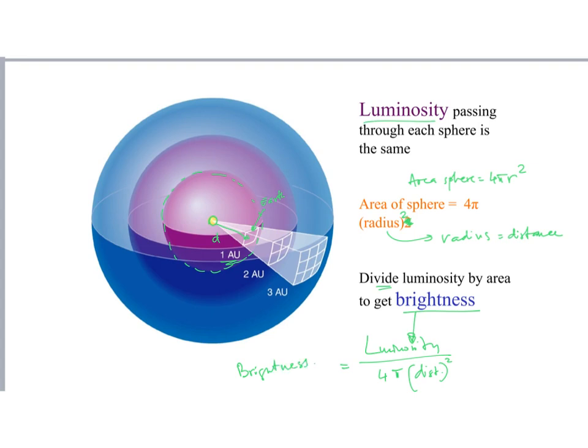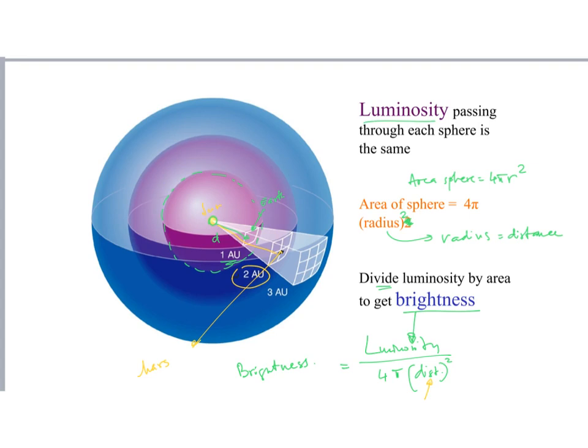Okay, look for example at where Mars is. So about 2 AUs, right? So say, okay, this is where planet Mars is. It's going to be at a distance that is twice as far away as we are from the Sun. So the radius of that surface is going to be double, right?